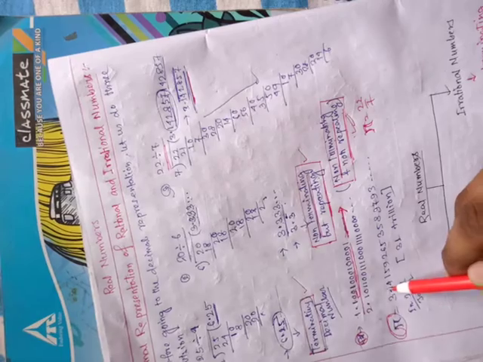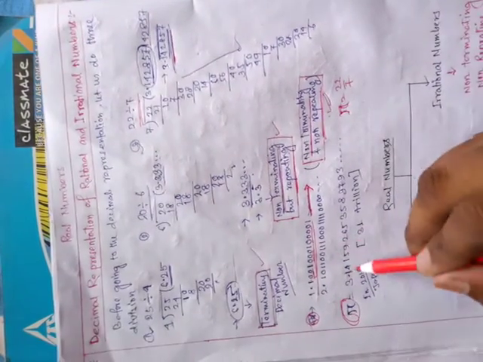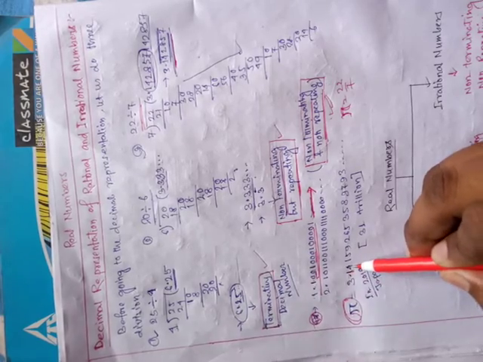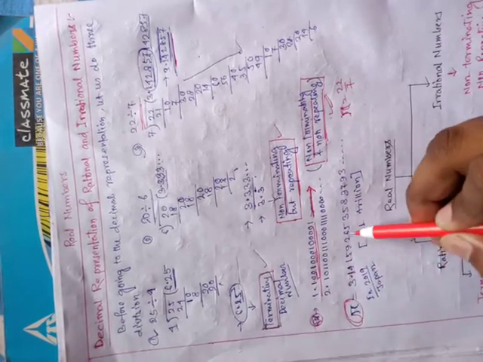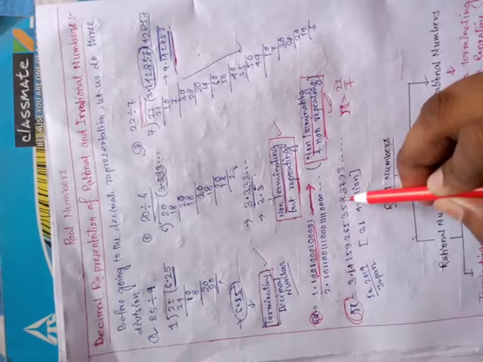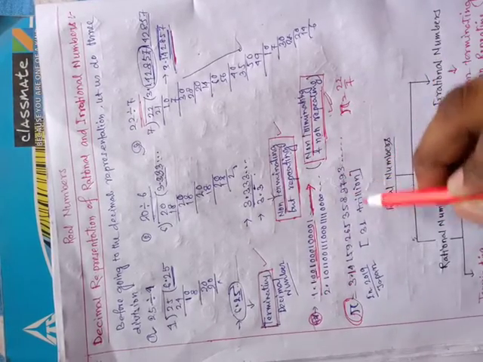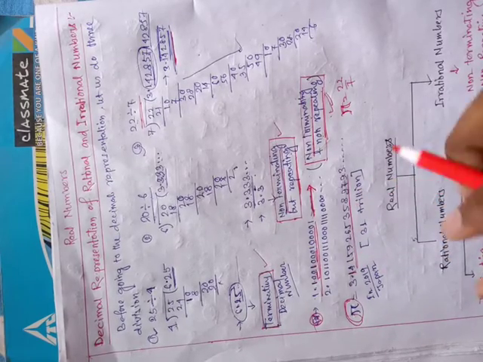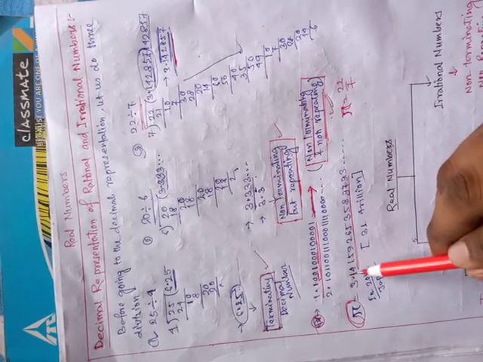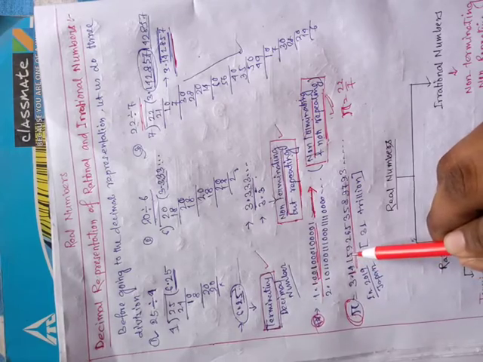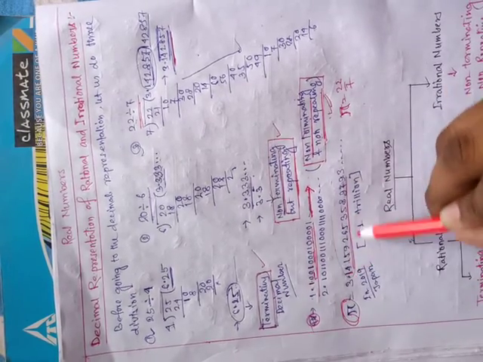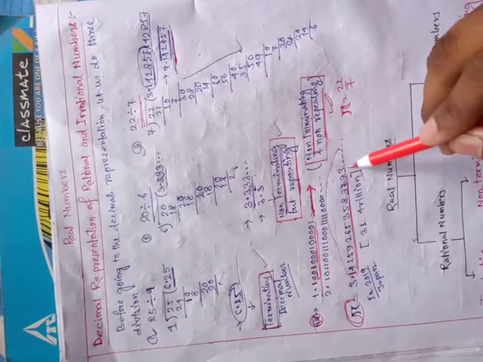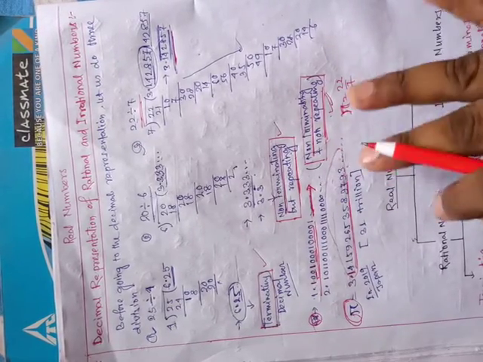You can see the decimal representation of pi: 3.14159265358979 and so on. Can you say these are repeating? No, there are no repeating digits, and this process continues with different digits.